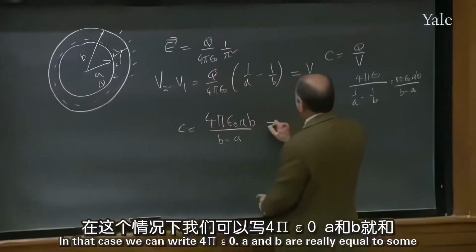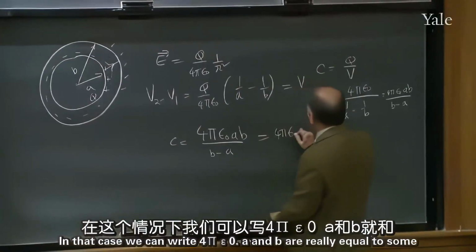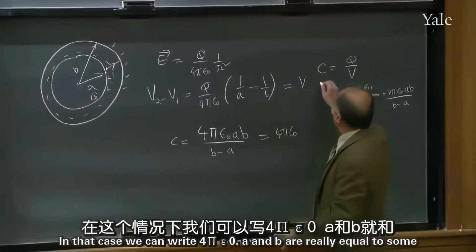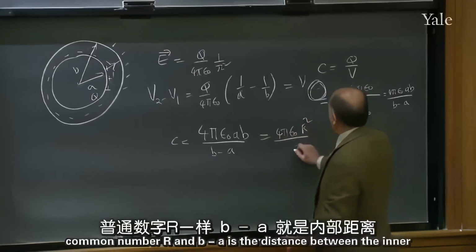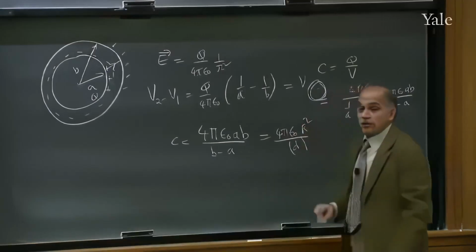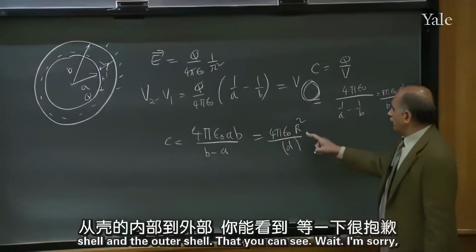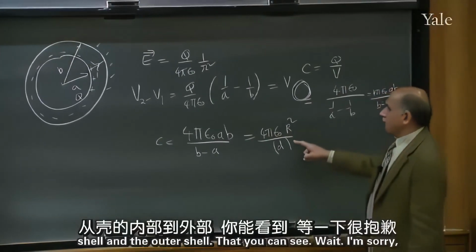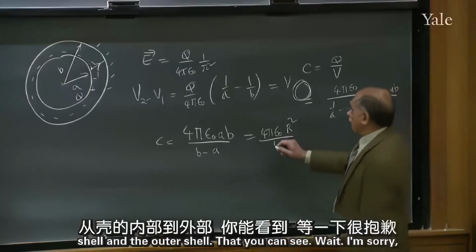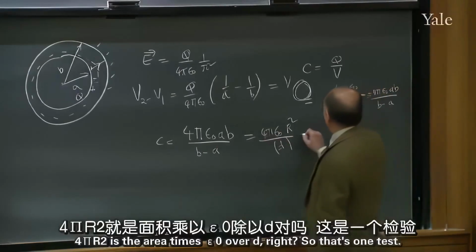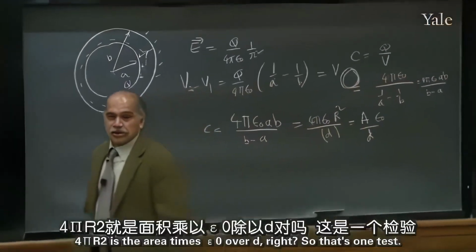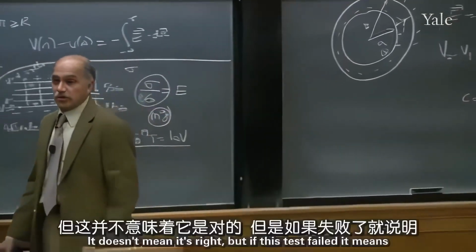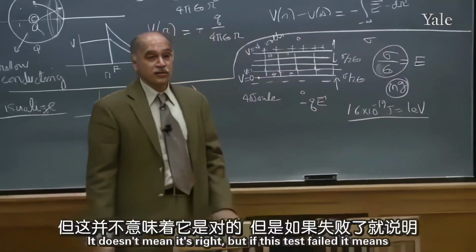In that case, A and B are really equal to some common number r, and B minus A is the distance d between the inner shell and the outer shell. That you can see, 4 pi r squared is the area, times epsilon 0 over d. So that's one test. Doesn't mean it's right, but if this test failed, it means you're definitely wrong.